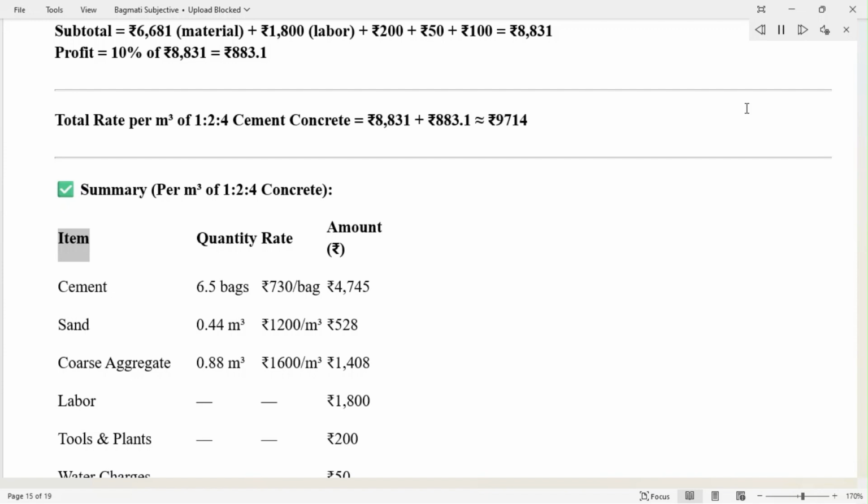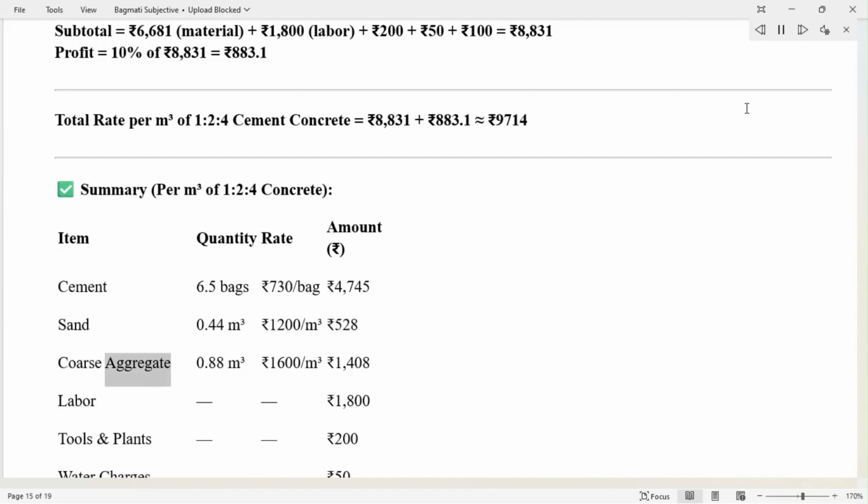Summary per m³ of 1:2:4 concrete. Item, quantity, rate, amount in Indian rupees. Cement, 6.5 bags, 730 per bag, 4,745. Sand, 0.44 m³, 1,200 per m³, 528.